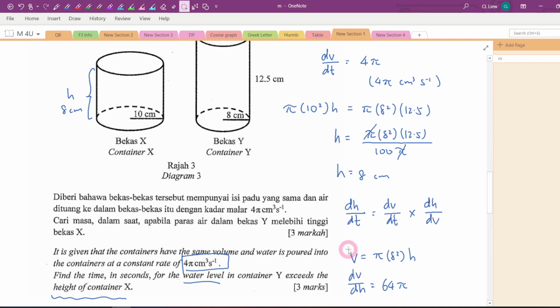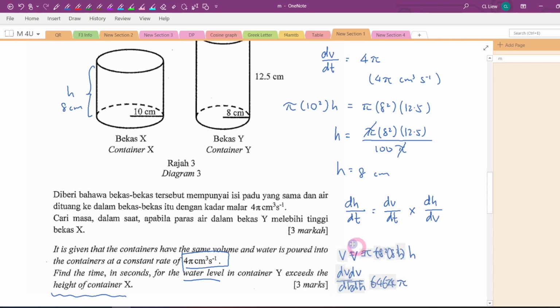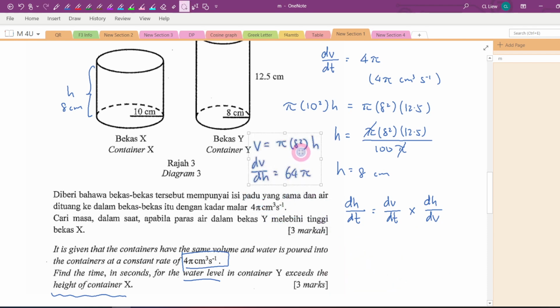So what I'm going to do next, dV dt given by the quotient 4 pi times dh dV. So I'm going to flip over this one, change the position of denominator and numerator.